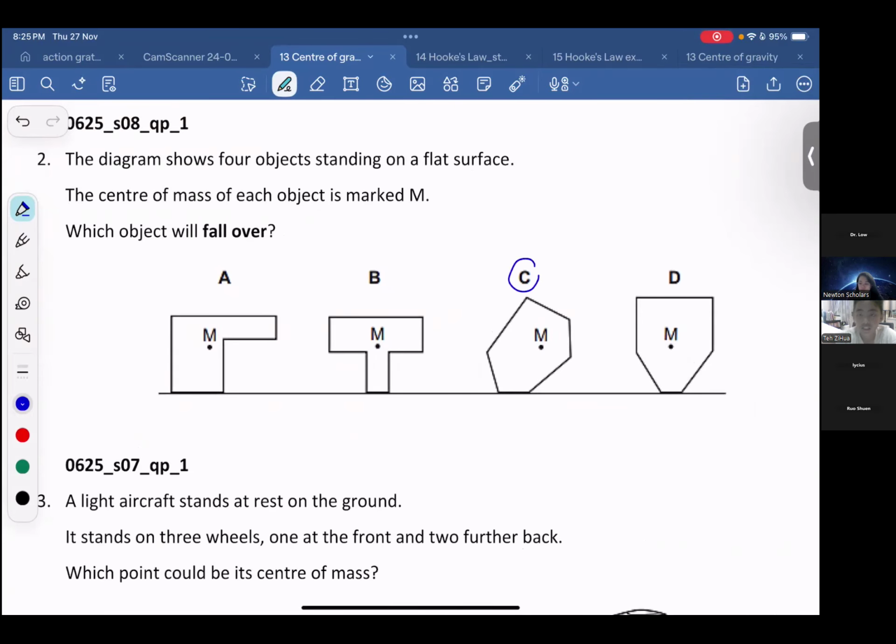The answer will be C. If you draw it out, it is outside the base here. The rest, we find that it's inside. This is the base, here is the base, and here is the base. So this one is outside the base. So the answer will be C.